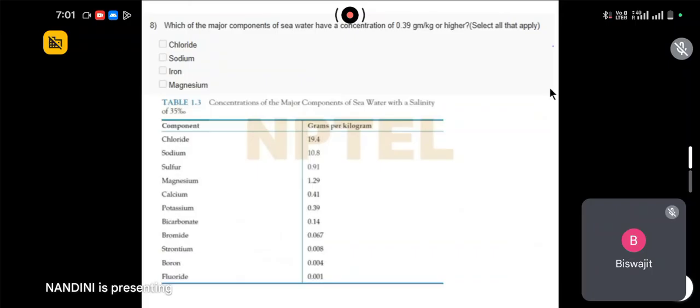Now, the next question. Which of the major components of seawater have a concentration of 0.39 gram per kilogram or higher? Except ion, all three are correct. Salinity is basically the number of grams of dissolved salt present per kilogram of seawater.